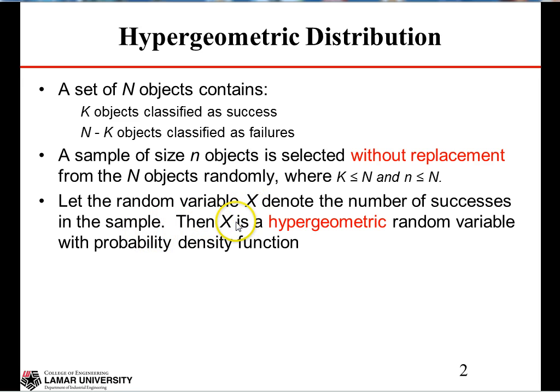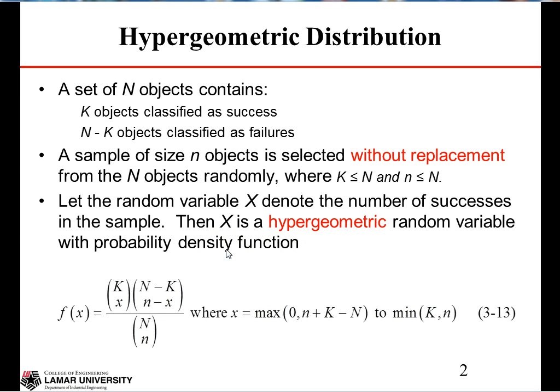The variable we defined here is a hypergeometric random variable with probability mass function F of x equal to the combination of selecting x successes out of the total K successes in the batch, multiplied by the combination of selecting n minus x failures out of the total N minus K failures in the batch, then divided by the total number of possibilities of selecting lowercase n objects out of the total capital N objects in the batch.